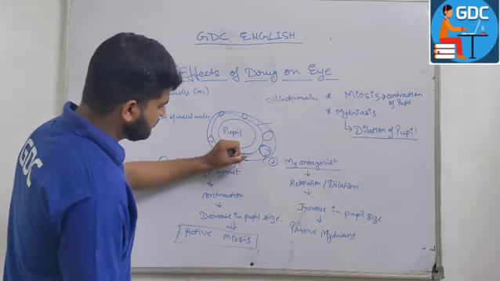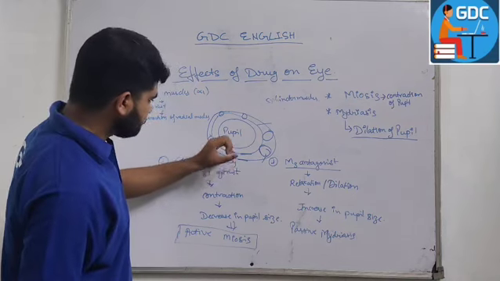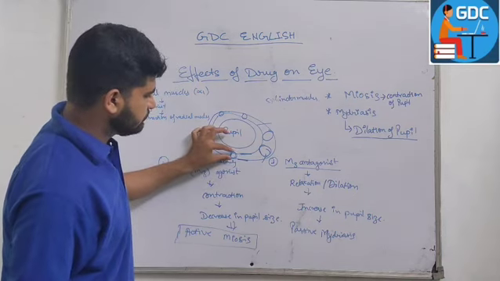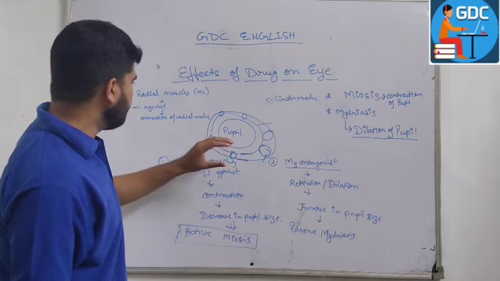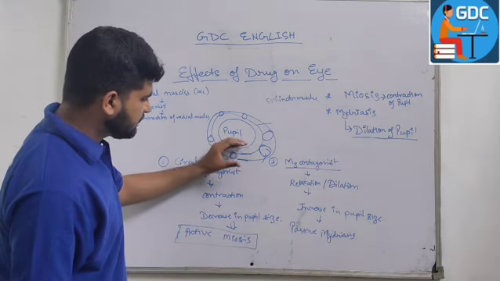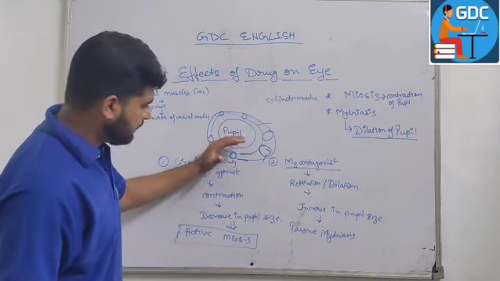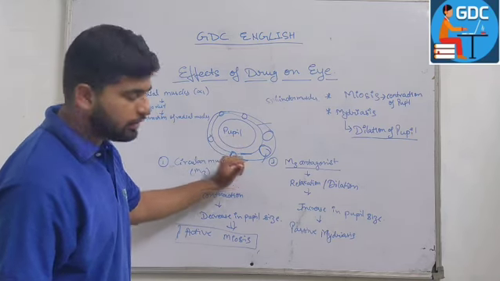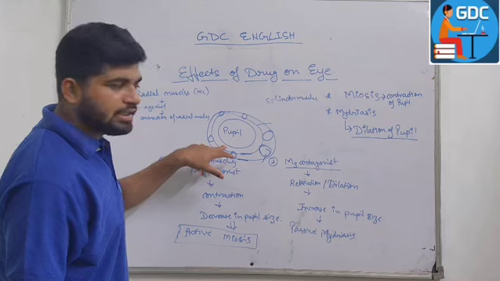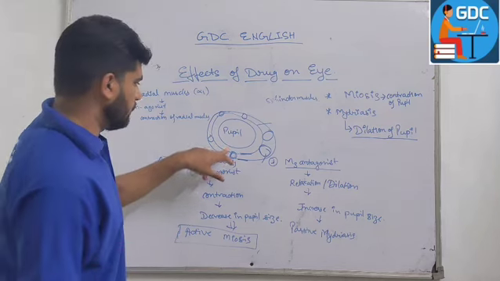Suppose you have this as a radial muscle, and when you give an alpha 1 agonist, the contraction will be this way. If it is doing this way, there will be a dilation process in the pupil.